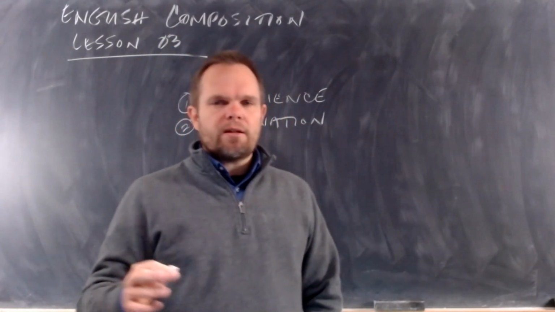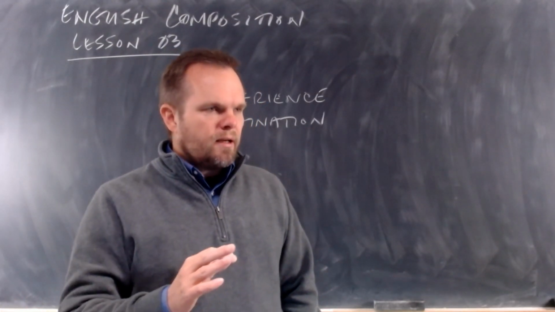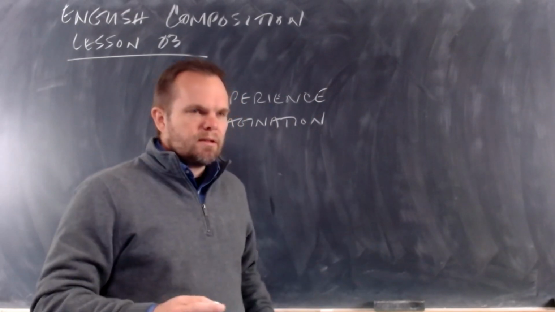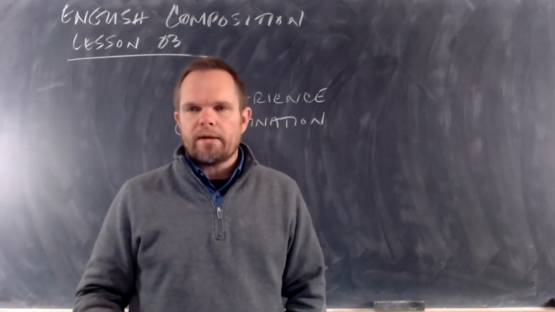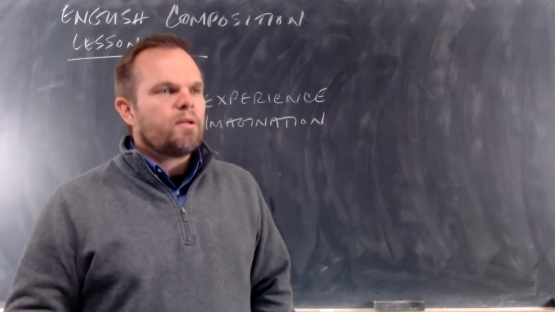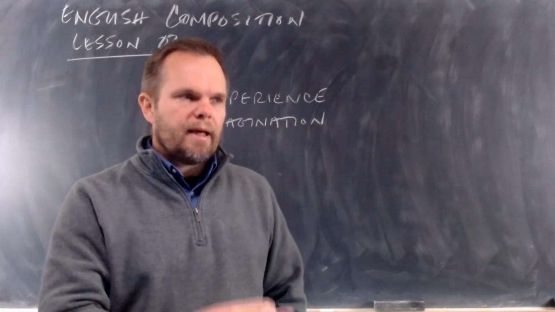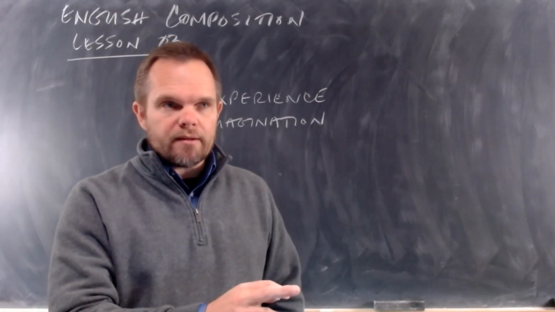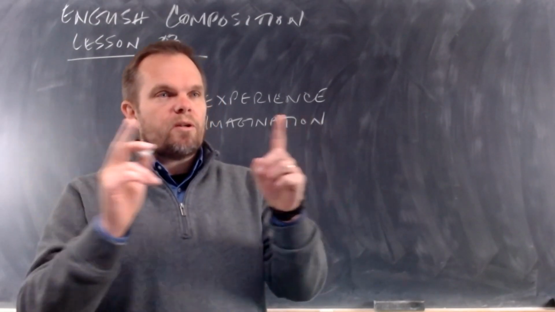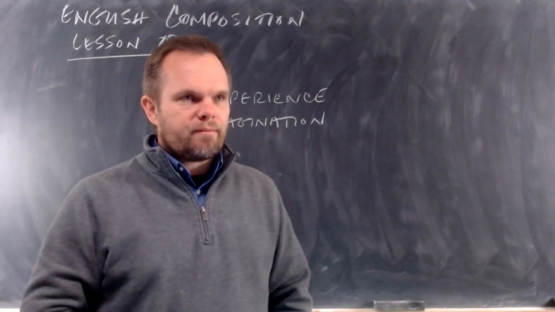Imagination is simply joining together and thinking about ideas that have come from experience in different ways. And I gave you an example of a purple rabbit. You can imagine a purple rabbit because you have seen a rabbit and you've seen the color purple. You've never seen a purple rabbit, but you can join those two ideas together and imagine a purple rabbit, right?